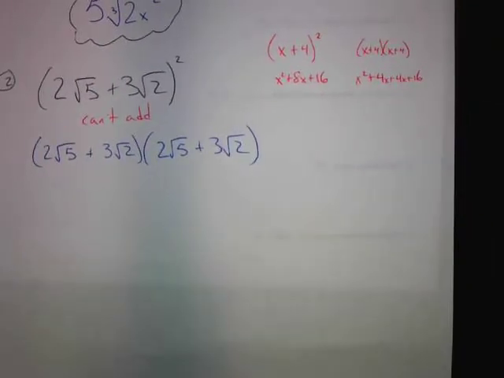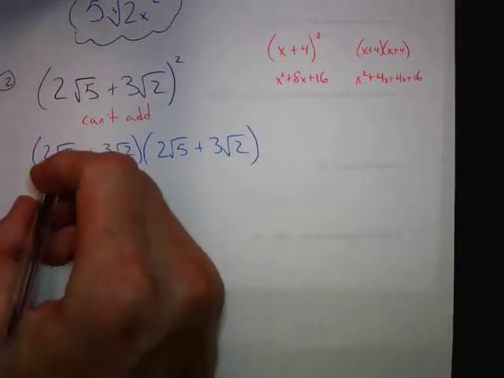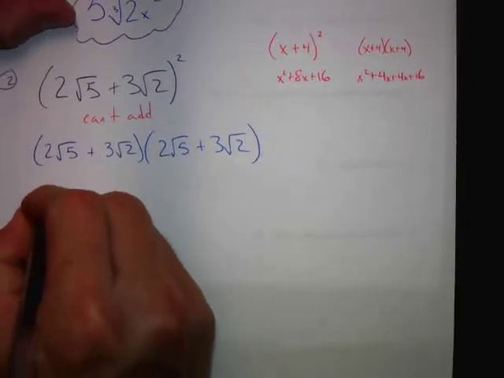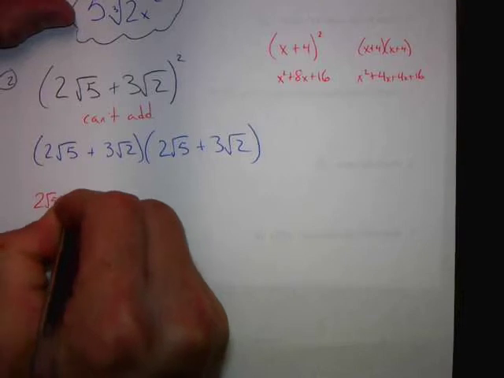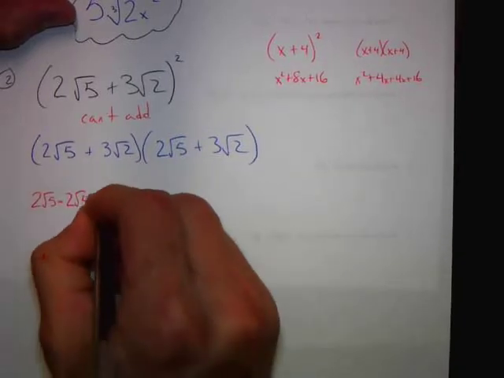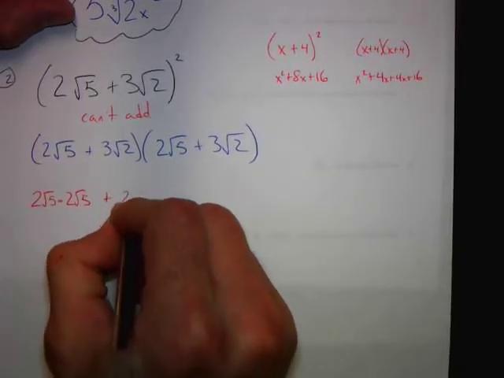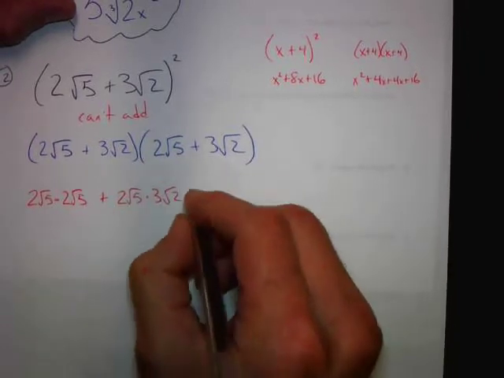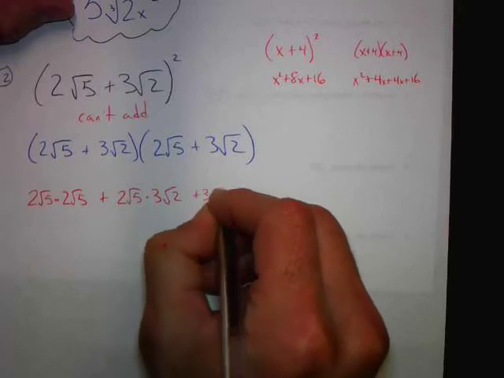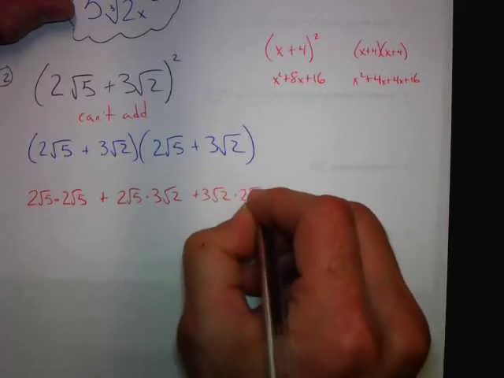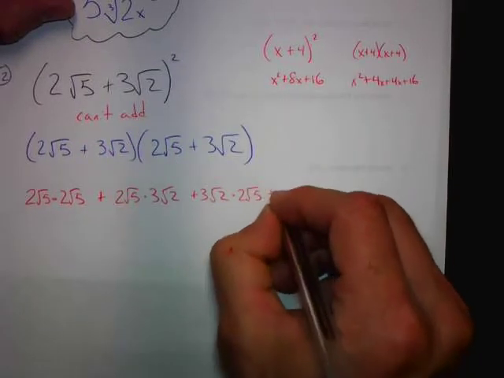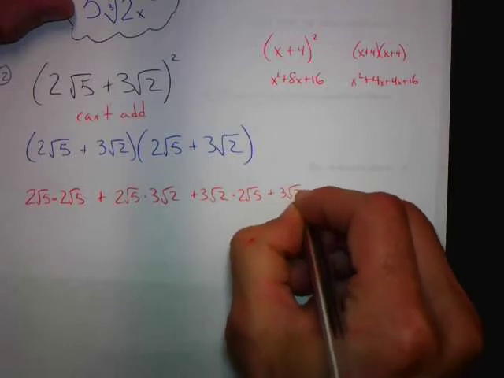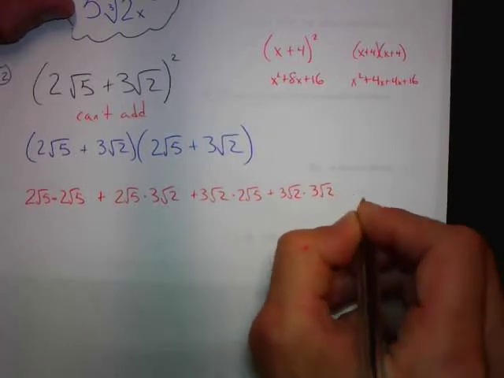Right? The first term, we'll have 2 root 5 times 2 root 5. And then the next term, we'll have positive 2 root 5 times 3 root 2. And then the inside terms, 3 root 2 times 2 root 5. And then the last terms, 3 root 2 times 3 root 2.